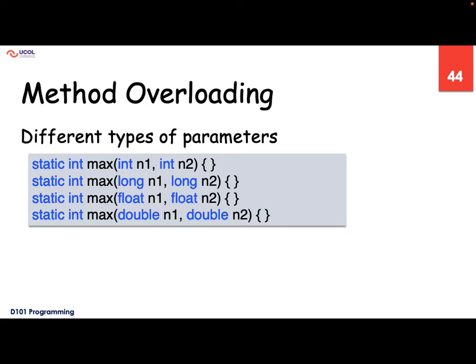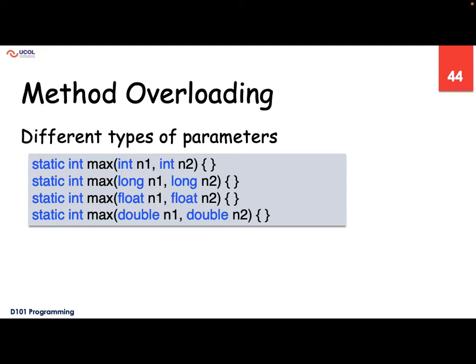Method overloading based on different types. They are all finding the maximum number among the parameters. First one finds the maximum between integers, second one between long values, then float values and double values. And of course, I need to change the long, float and double by copy paste.